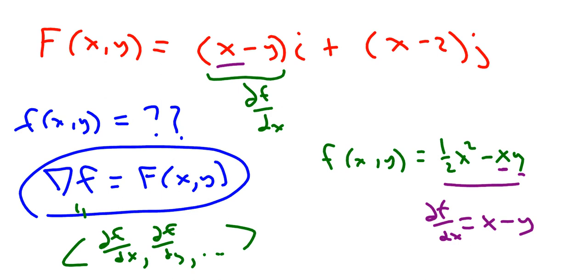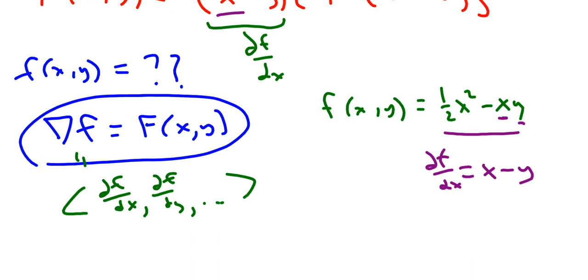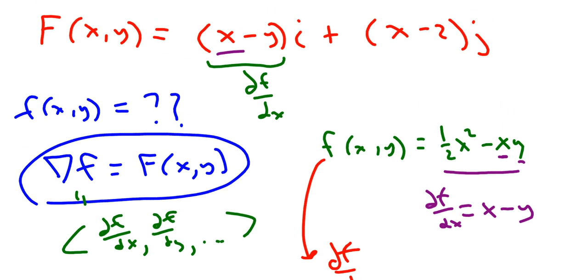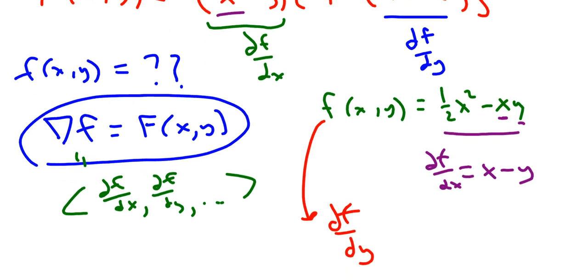Now, the question is, does this thing now have the proper derivative with respect to y? Because we need to derive that with respect to y to equal x minus 2, because this should be partial f partial y. And we know for a fact it has to have all this stuff in it to have the correct partial derivative with respect to x.